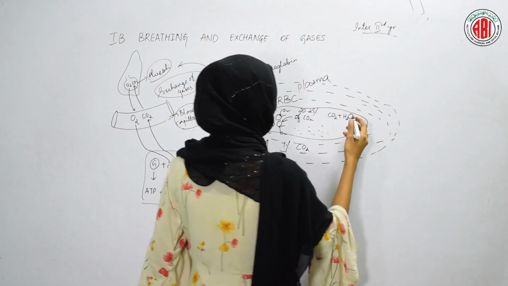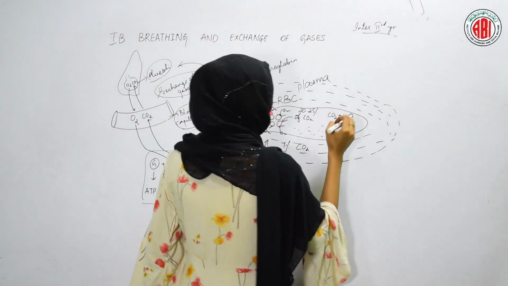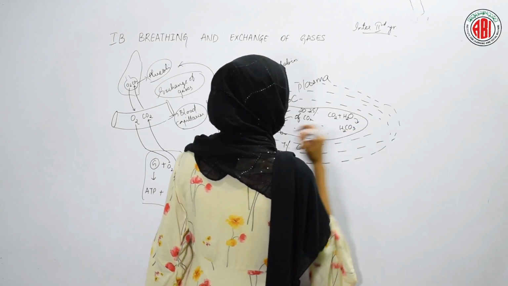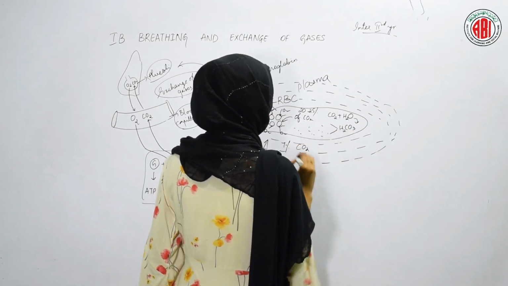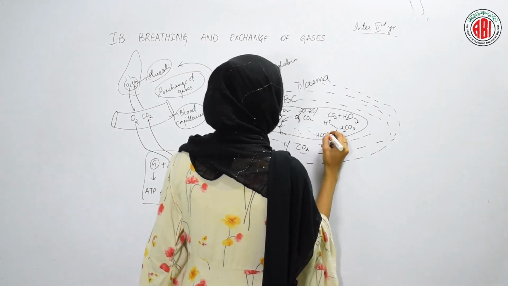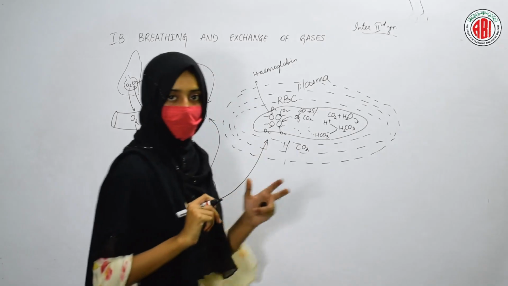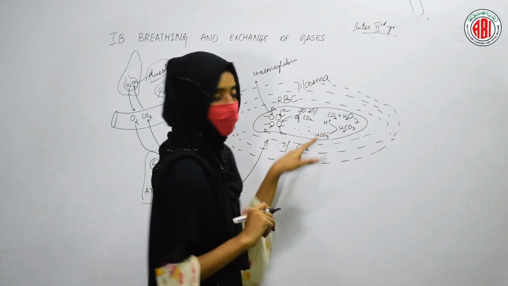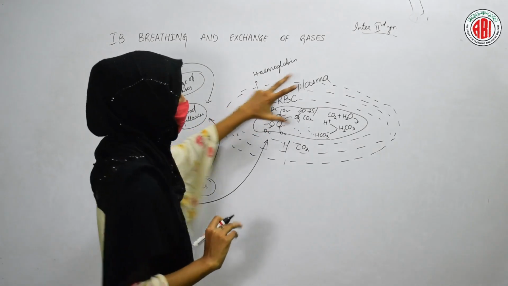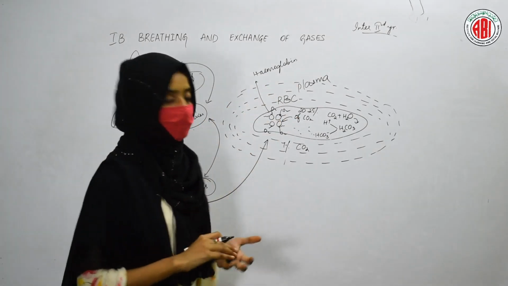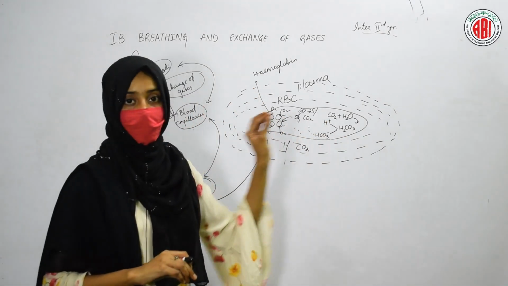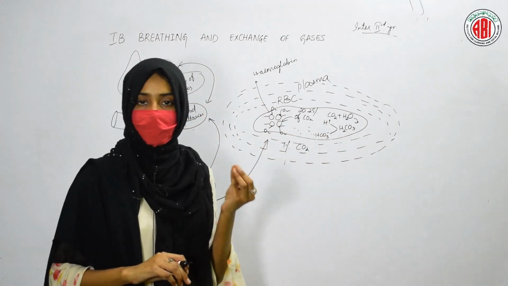So when carbon dioxide enters into the blood cells, it reacts with the water and forms an acid, that is carbonic acid. This carbonic acid splits, it breaks down, and it gives some H+ ions and some HCO3- ions. This is how all the reactions occur in our blood when the blood reaches our cells or tissues.